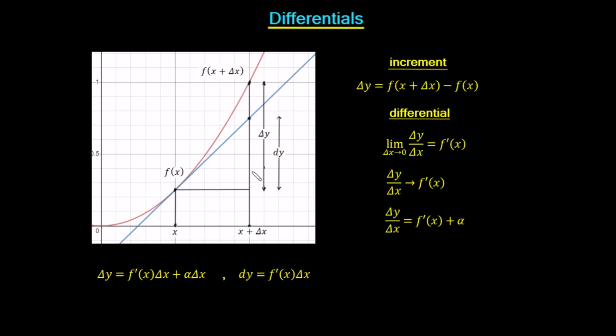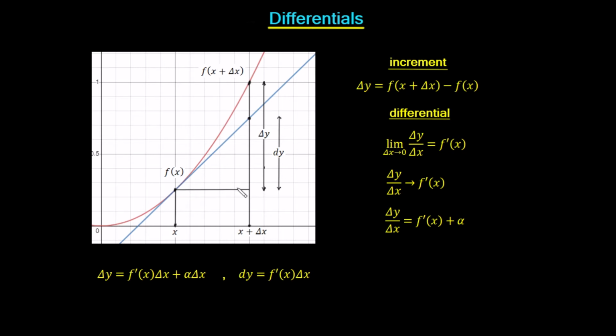Let's say we take this point x and find the gradient of the curve at this point. The gradient is given by f derivative of x. If we take that gradient and multiply it by this distance, delta x, we get this height here. This height is our dy, and this is our differential.